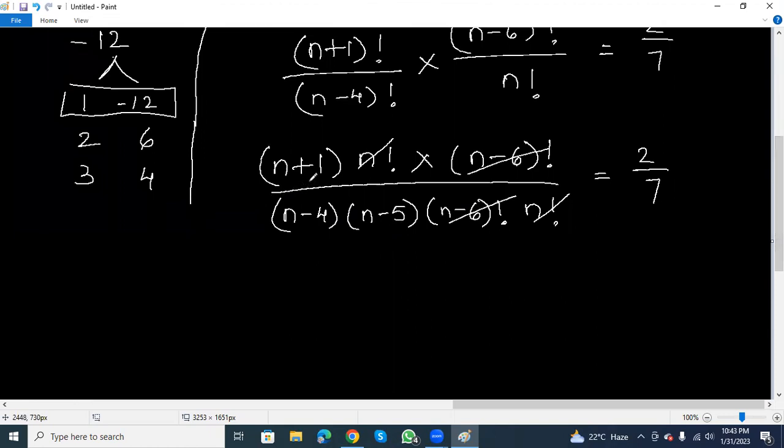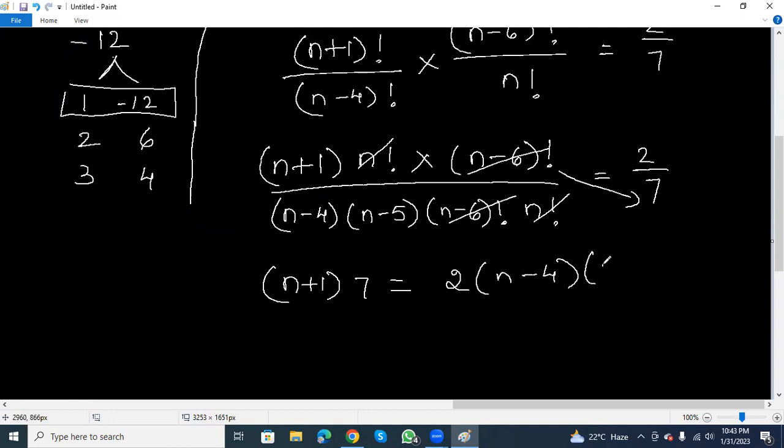So what is left? n plus 1 by these two, 2 by 7. Let's do the cross multiplication here. n plus 1 into 7 is equal to 2 into n minus 4 into n minus 5.